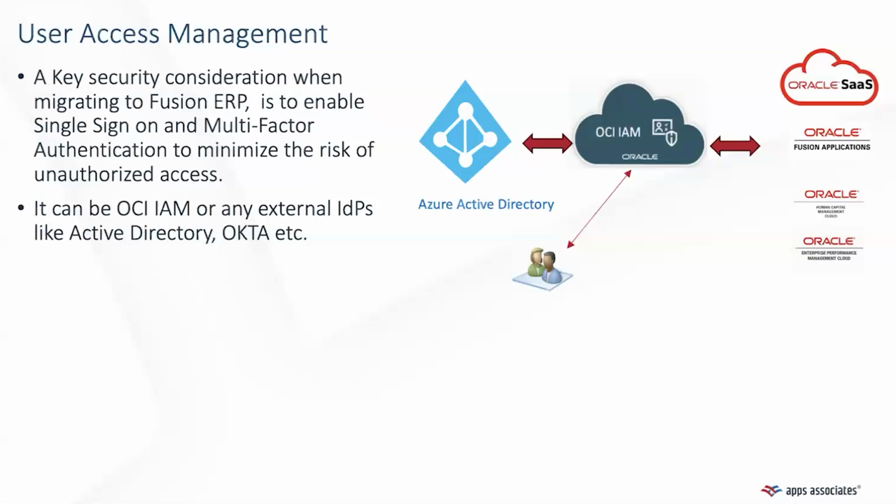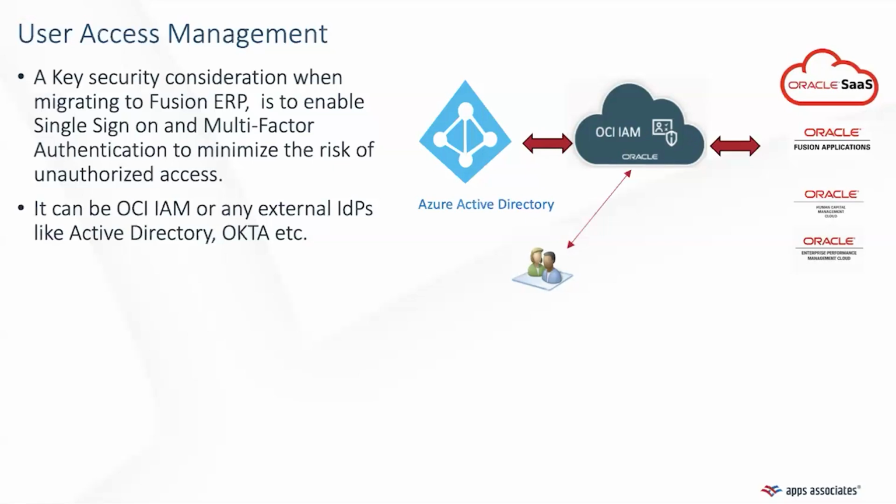You might be seeing multi-factor authentication everywhere, whether at banks or any other place with sensitive information requirements. So this is the first thing you need to think through. When you are planning this journey, make sure you are enabling multi-factor authentication for your Fusion SaaS.